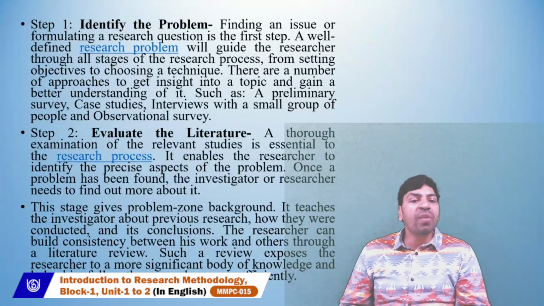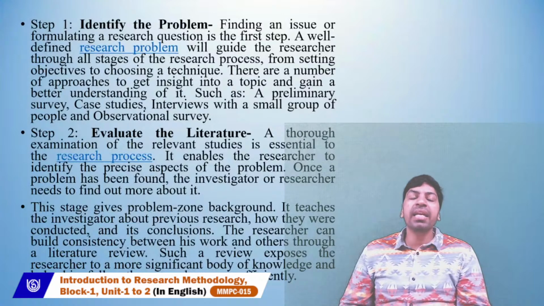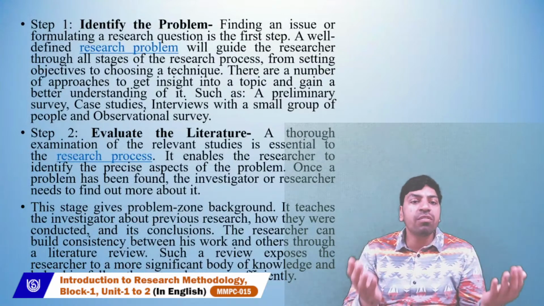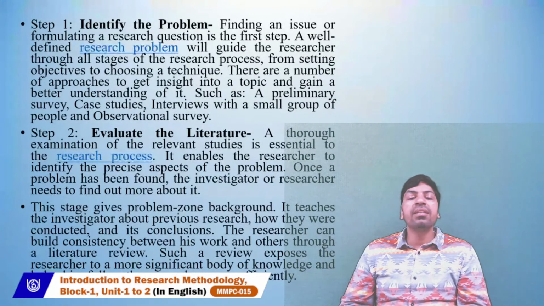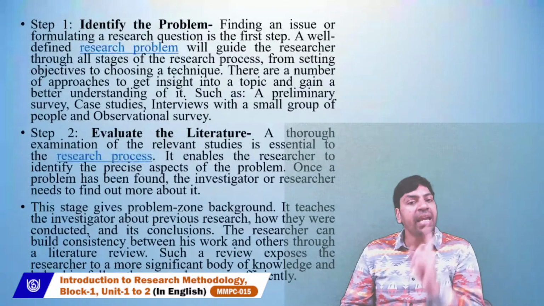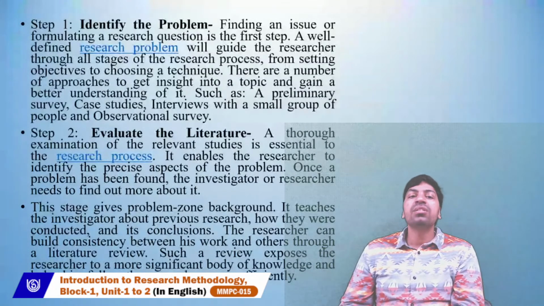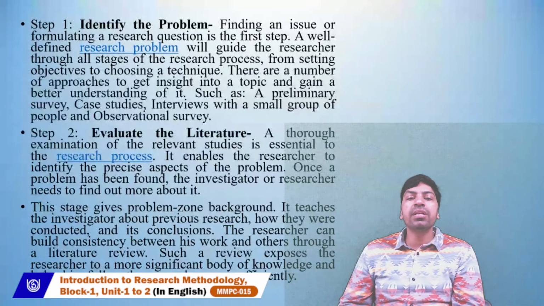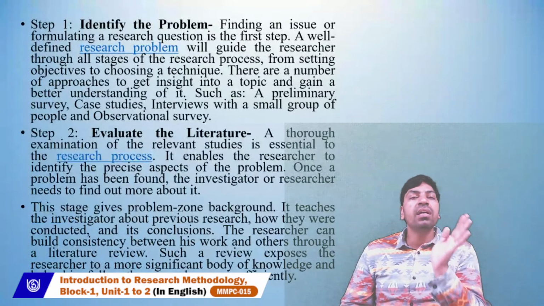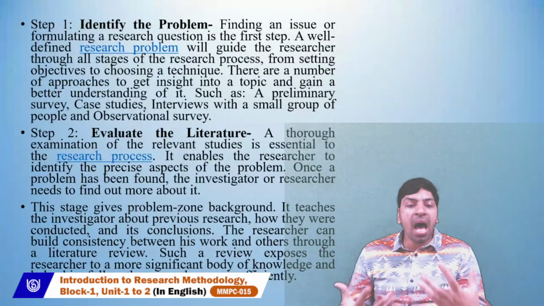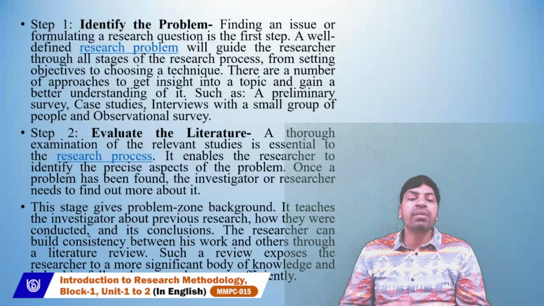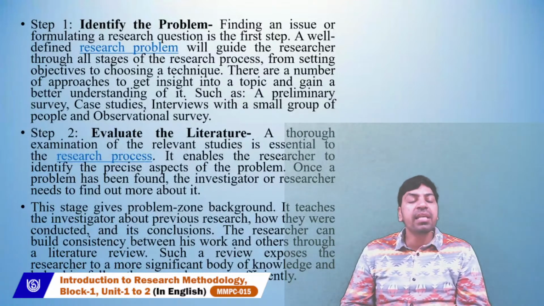Next one is evaluate the literature. There should be an examination of all the relevant existing studies that are directly linked to your research project. It enables the researcher to identify the different aspects of the problem. Once the problem has been found, the investigator needs to find out more about it and the associated existing studies, and find the gap.